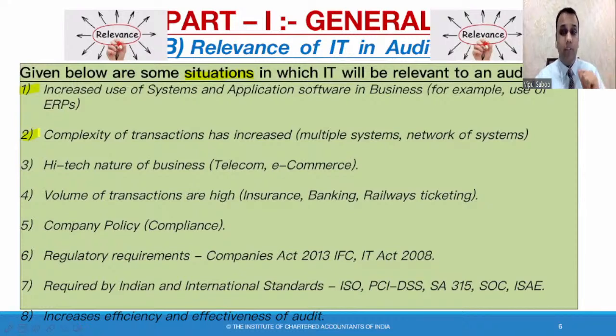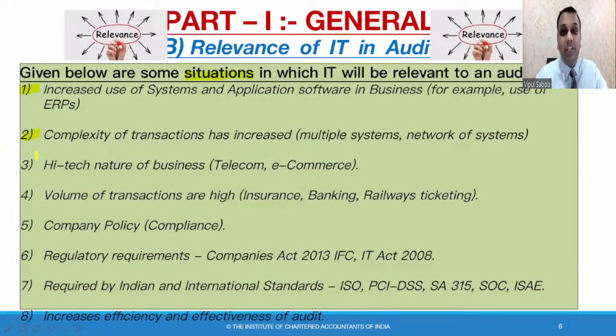We have a centralized system in Delhi, and we are working in Mumbai, Chennai, Aurangabad, everywhere. So we need those transactions to be simplified, because there would be high complexity involved. Higher the number of transactions, higher the number of systems, higher the number of networks, higher is the complexity.